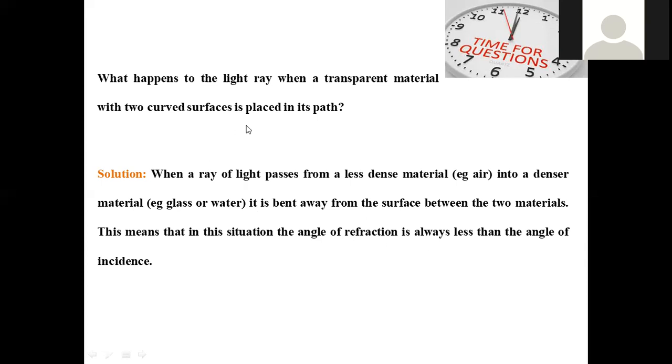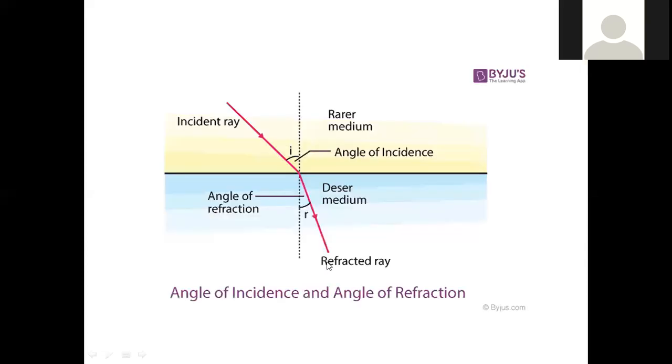When the light is moving in the normal path, there is the incident light angle, and after the refraction, it generates the angle called the refraction angle, right? When we compare the angle of incidence and the angle of refraction, the angle of incidence will always be larger.